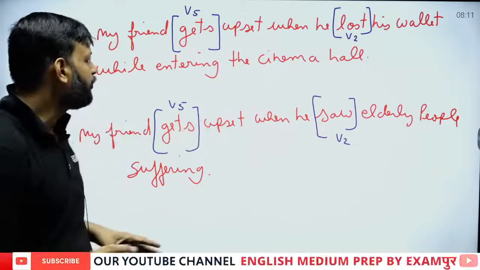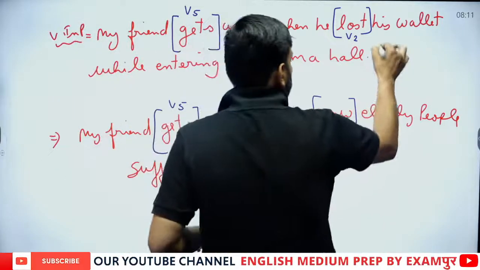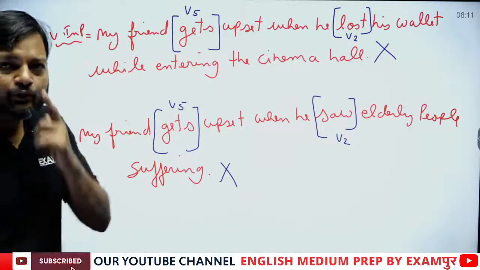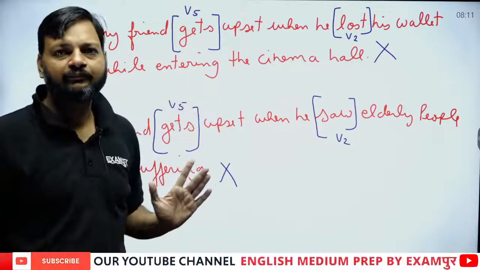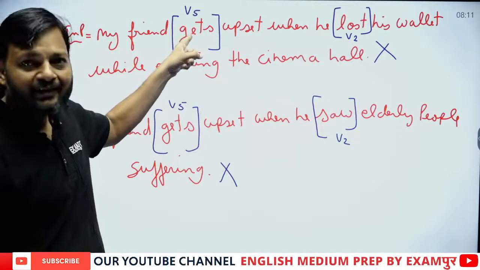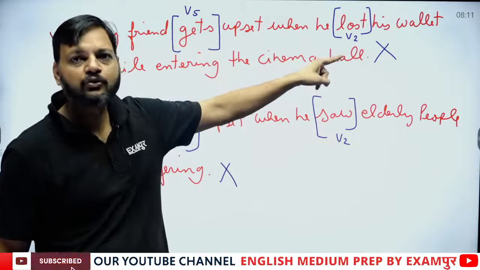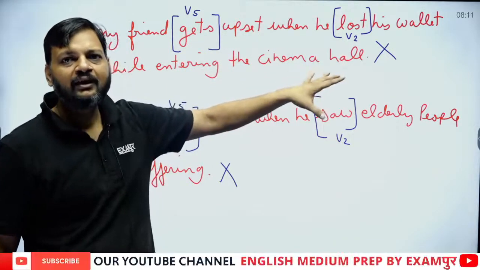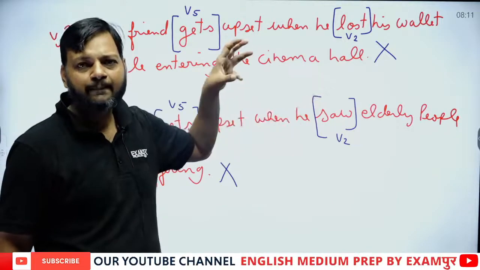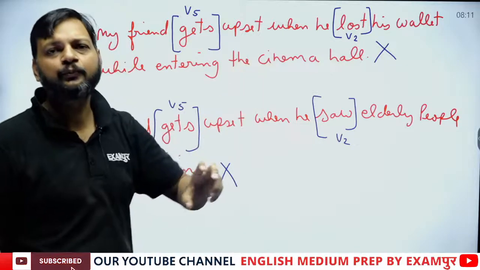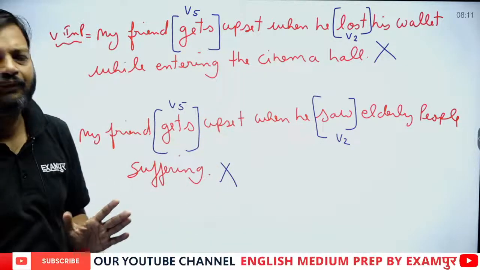So both the sentences are wrong because you need to change either of the verbs. Either change gets into got or change lost into lose. That means either you need to change the whole sentence into present or into past.